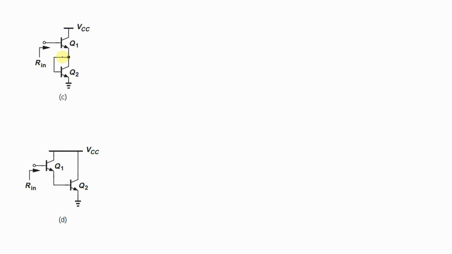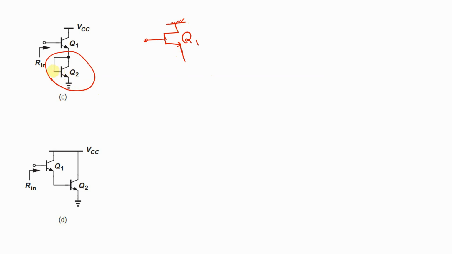How about this one, Rin? Let me again redraw the circuit. Here we have Q1, and VCC is connected to the ground for the small signal model. How about Q2? Q2 is actually a diode connected device.